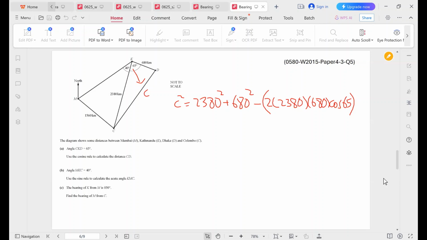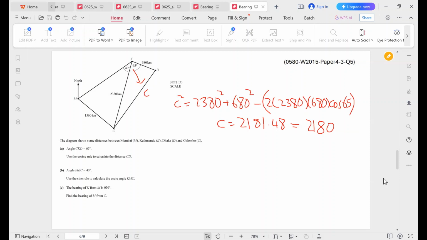And you get a very big number. So you just get the root of the answer. And you find that C is equal to 2181.48, which is approximately, to 3 significant figures, 2180.